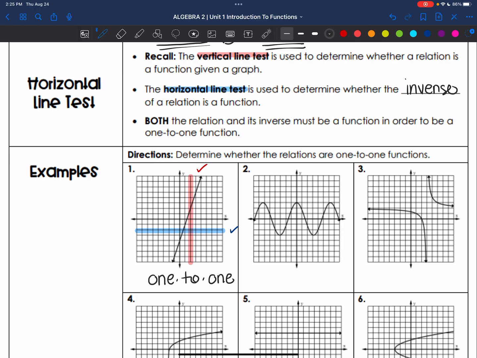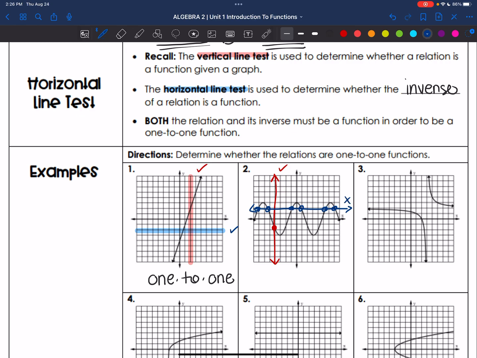Now, let's check the next one. If I run my vertical line across this, does it work? Sure does. It passes that test. It's only touching at one point. But if I run my horizontal line across this graph, oh my goodness, do you see that I am touching many, many points?